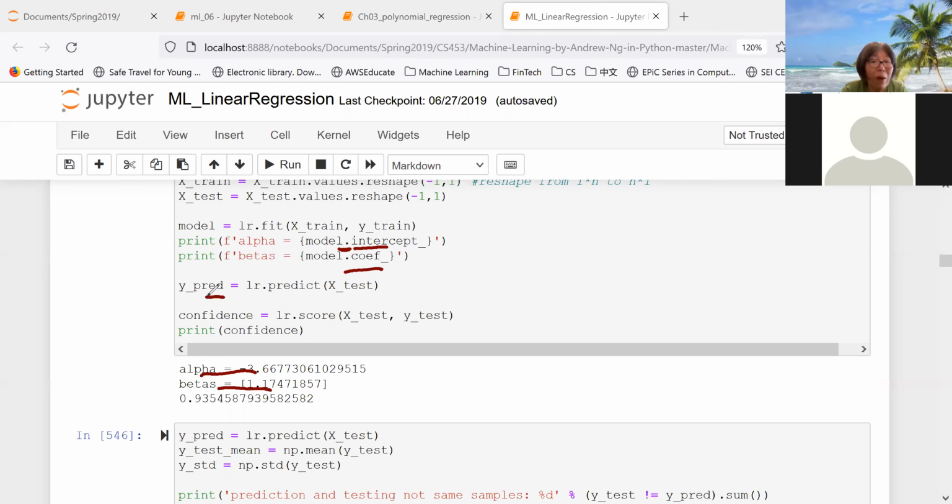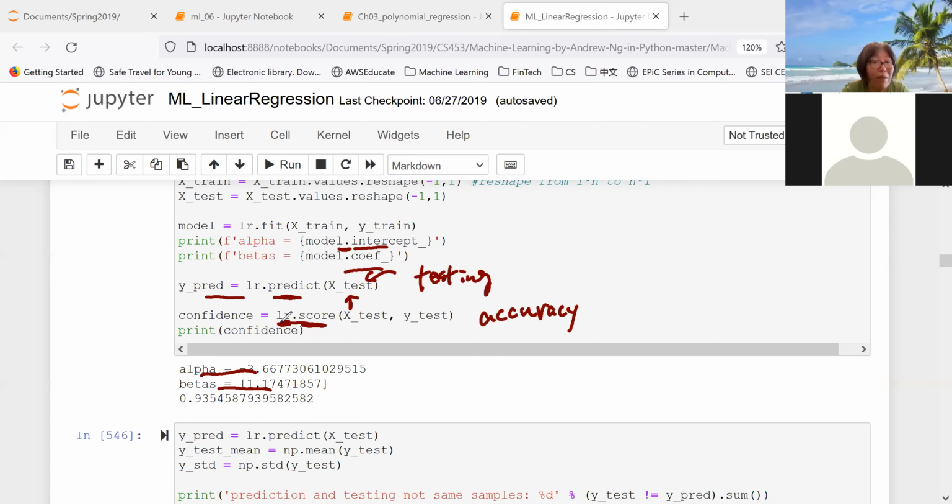And then you can predict with the testing data. When you call predict, you plug in the testing data. Normally we care about the model's accuracy.